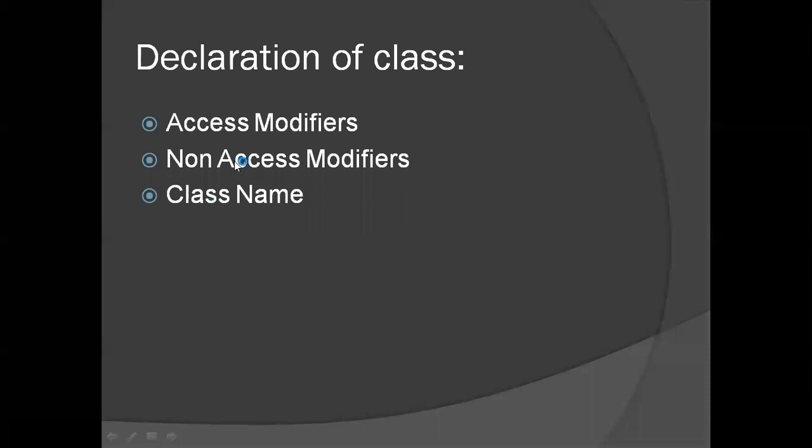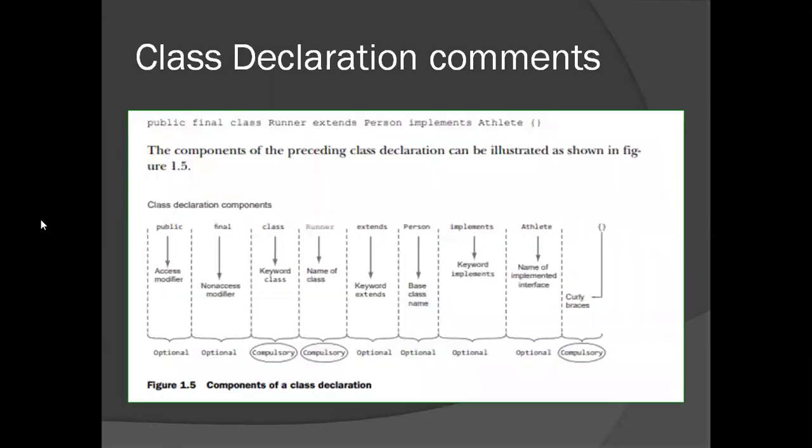You are seeing new words like access modifiers, non-access modifiers, and class name. If you open any class, this kind of components will be there. Public is the access modifier, and this is the non-access modifier.